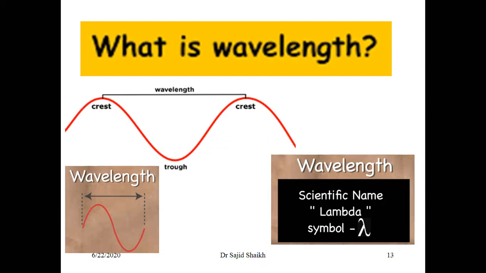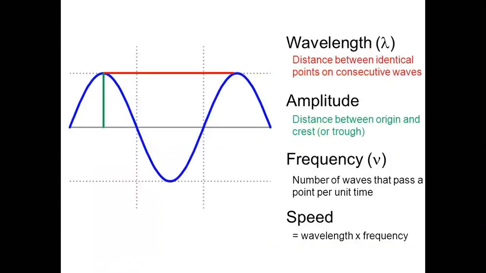If we take a complete cycle, the distance between two crests is what we call the wavelength, and it is denoted by the symbol lambda. So we already saw that.